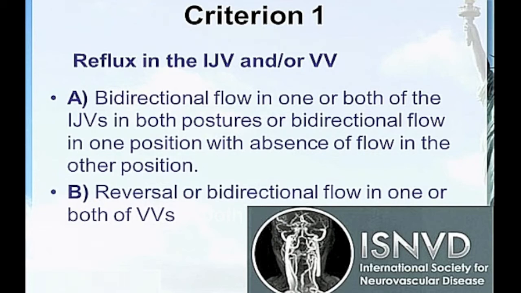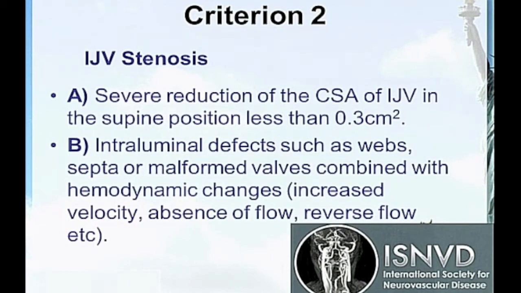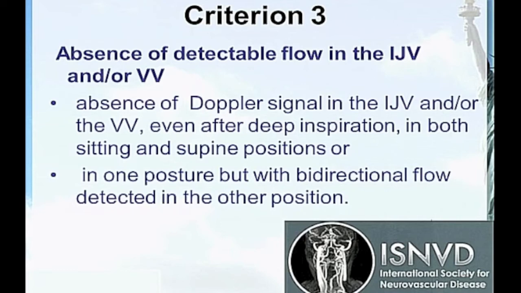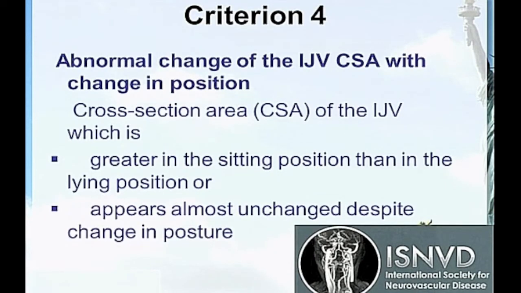This criterion is similar to the old Italian one, but is not the same. Stenosis of the internal jugular veins is almost the same criterion. Absence of flow and negative delta.